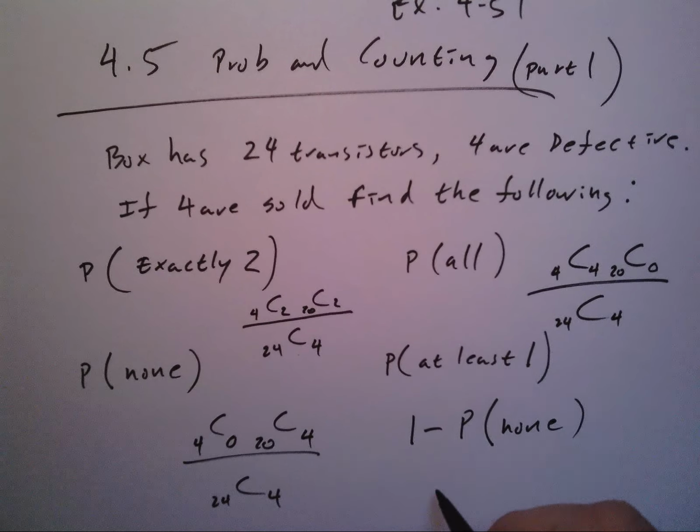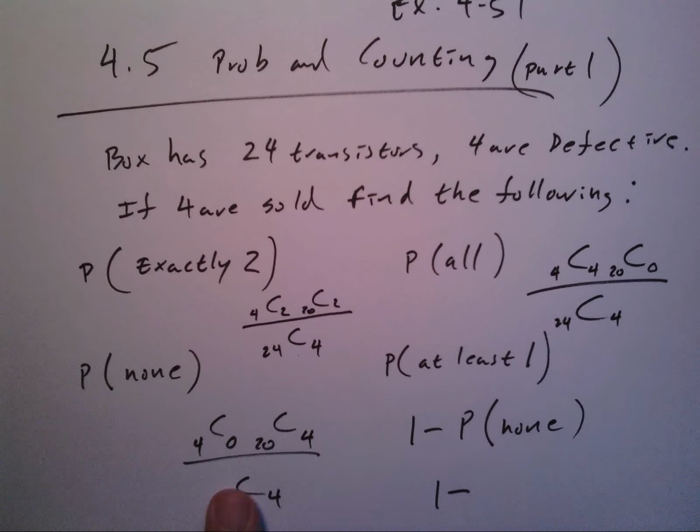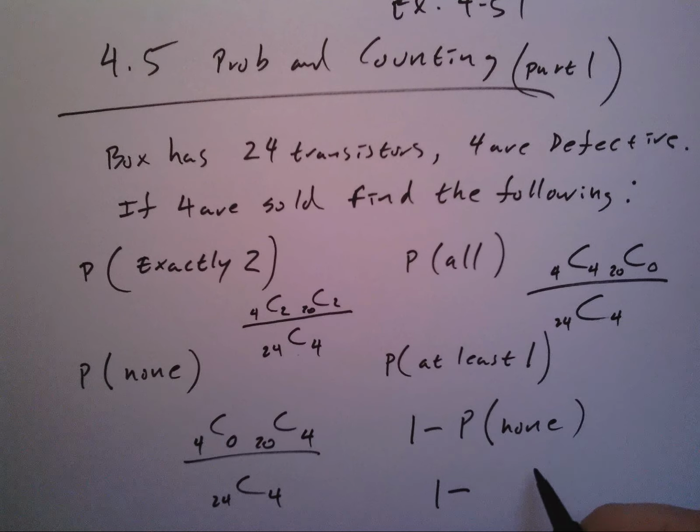So it's going to be 1 minus our earlier probability, but we'll do it again. So it's on top, 4 choose 0 of them times 20 choose 4 of them, and that's the total ways that I can grab 4 good ones and 0 bad ones, divided by 24 choose 4, which is the total.